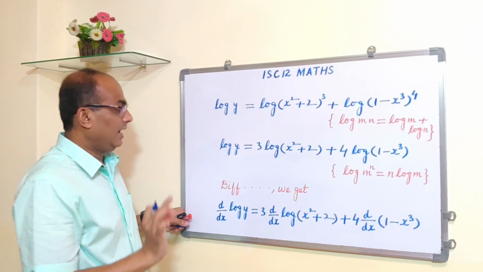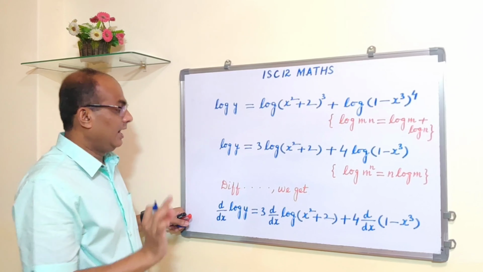Okay, that gives you 3 plus 6x upon x square plus 2, and minus 3 fours are 12, 12x square upon 1 minus x cube.